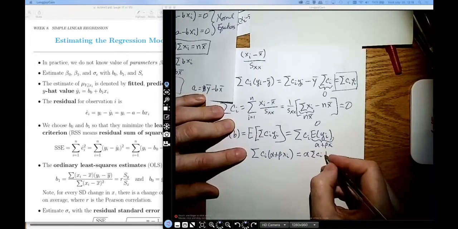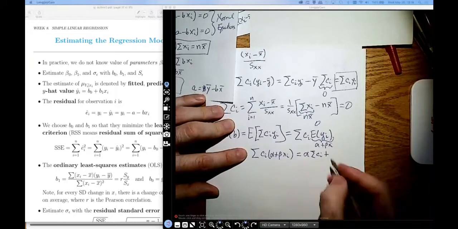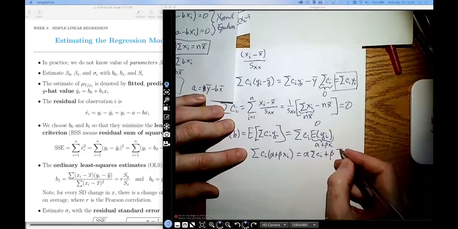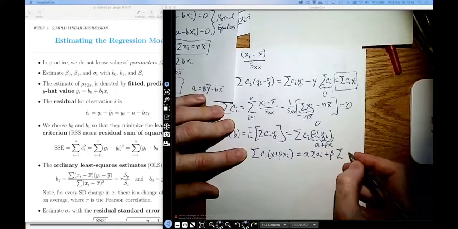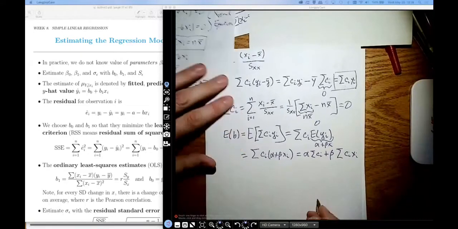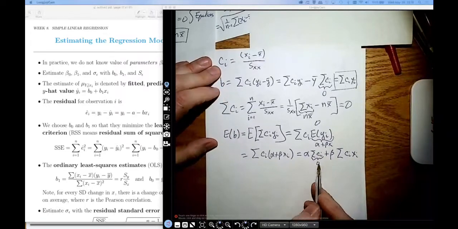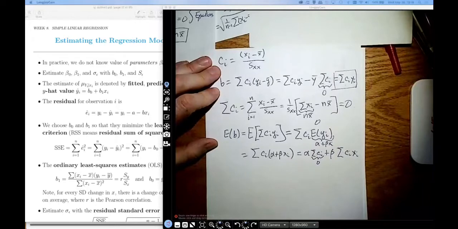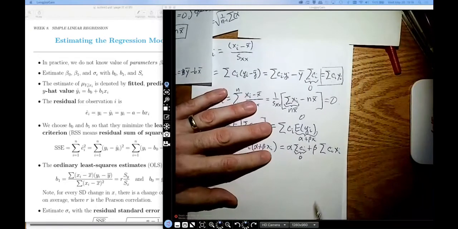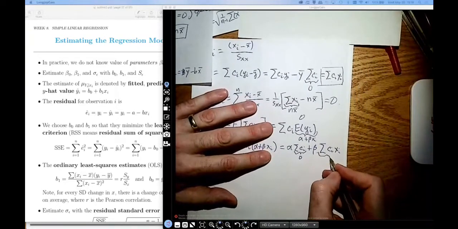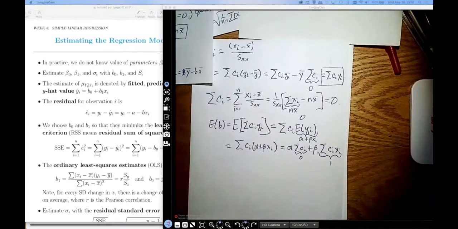And then I'm just distributing this. This is going to be beta times the sum of Ci xi. Now, what we know is that this thing is 0, and the reason that's 0 is because we just showed that. What I haven't shown is this thing. This thing turns out to be 1.